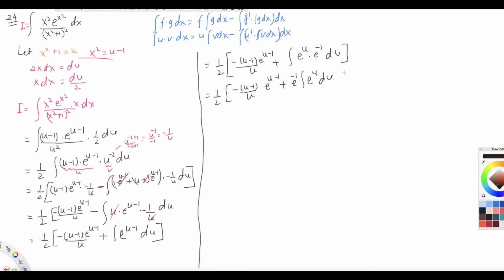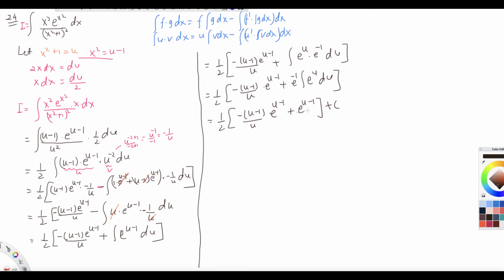The integral of e to the u is e to the u itself, and e to the u times e to the negative 1 can be written as e to the u minus 1. Does that make sense?